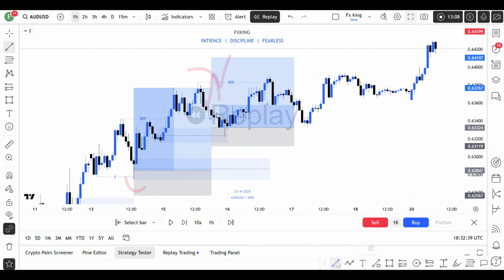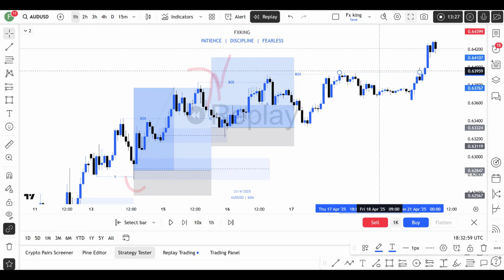So now we have our next break of structure right above here. But since this was just a sweep, what I normally do is after marking this BOS, I will transfer this slightly to here.